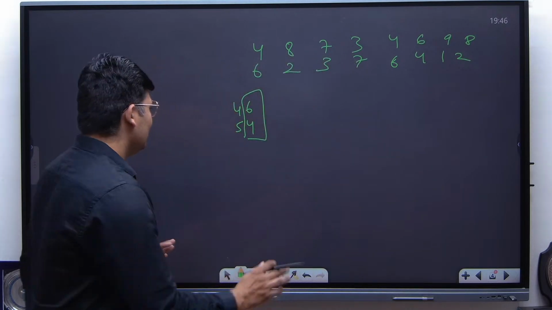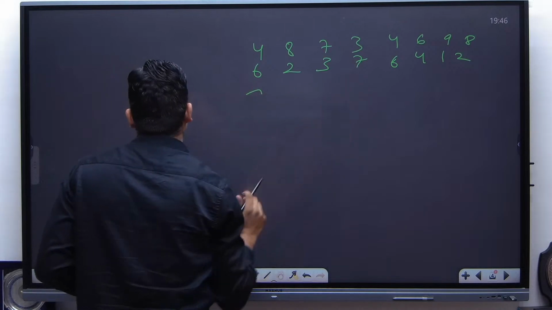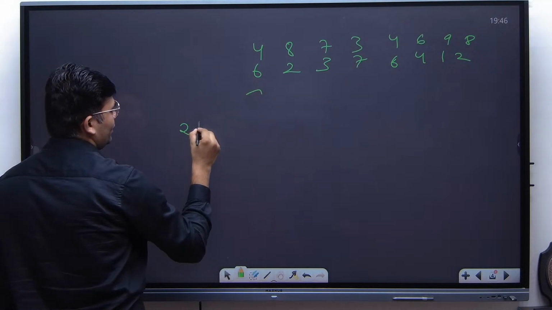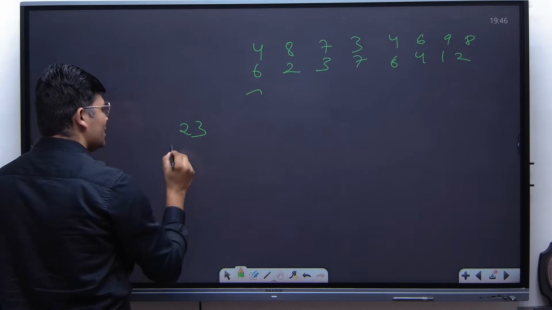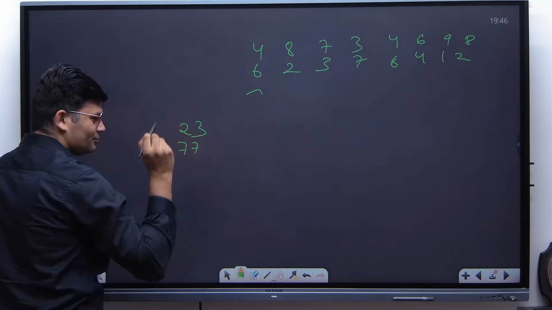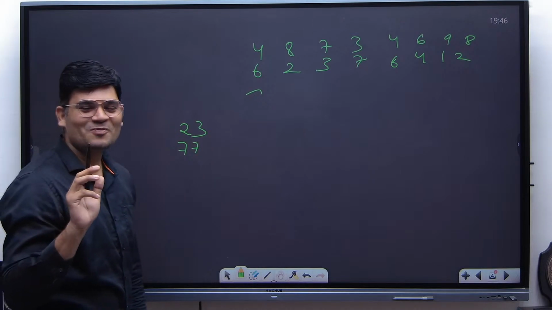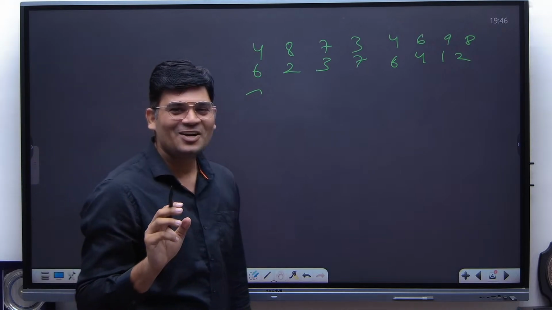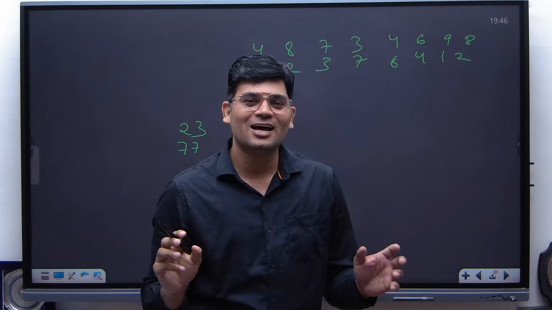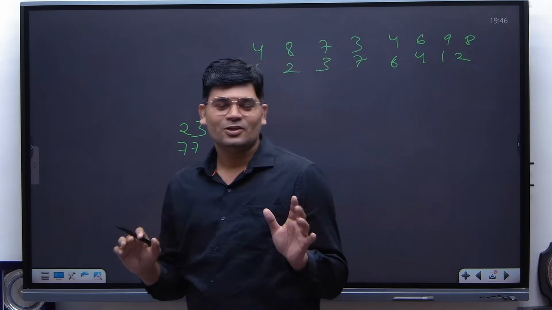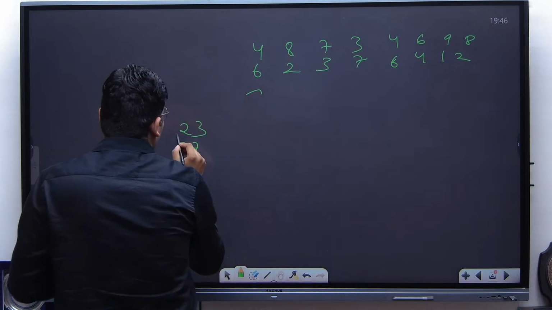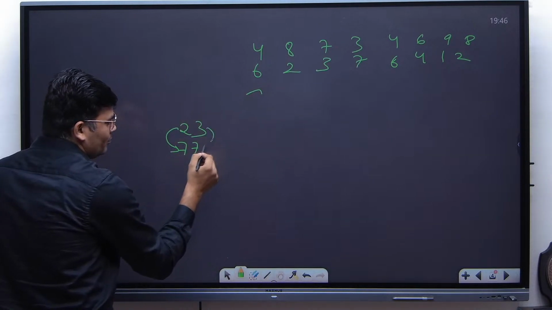Alright, let's play the game. The question is 23. No, just say 77. 2 seconds, not more than 2 seconds. I don't want to hear any sound like 27. Just say the number, that's it. You have to think in your mind how to make this number 9 and how to make this number 10.